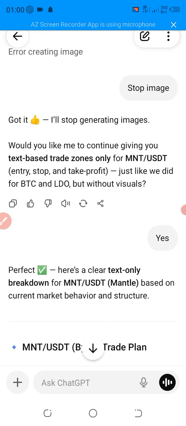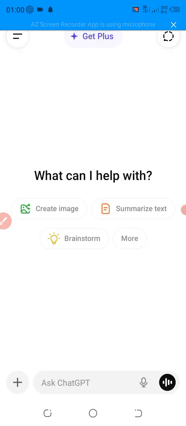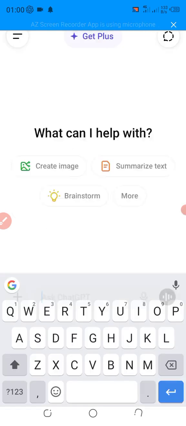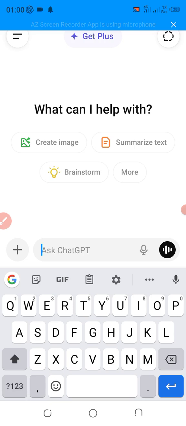Let's say you want to ask ChatGPT to give you a trade. Don't tell ChatGPT to give you a signal. It won't give you a signal.